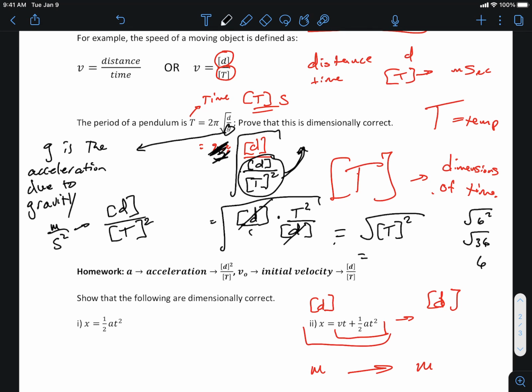So that must mean that the square root of t squared is t. Well, look at that. This matches this. So we know that this equation, through dimensional analysis, is dimensionally correct, right? The units that I'm going to get using this equation are going to match what I'm looking for.